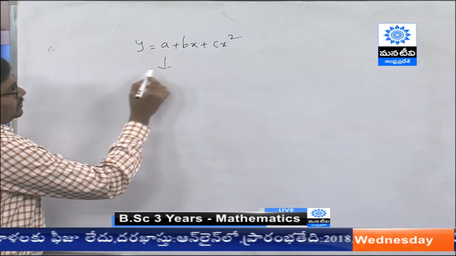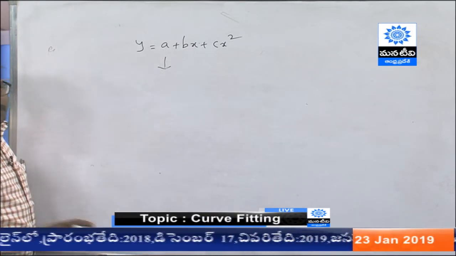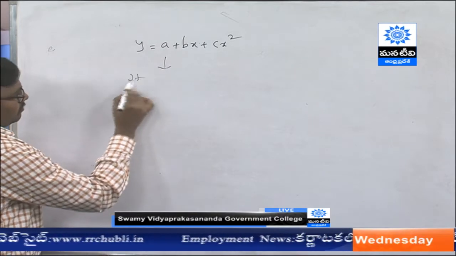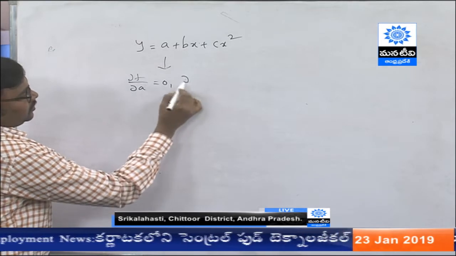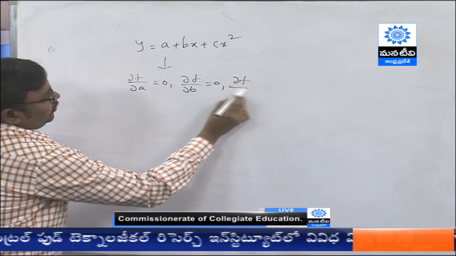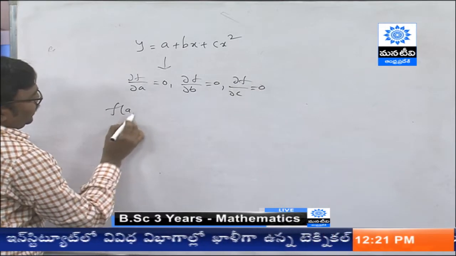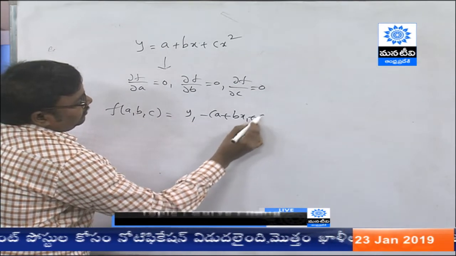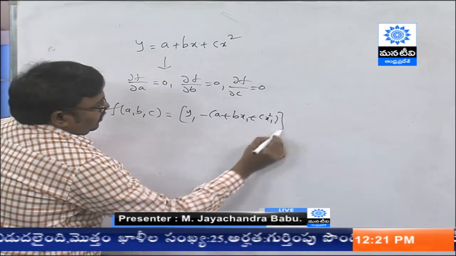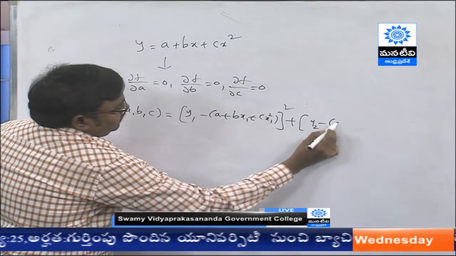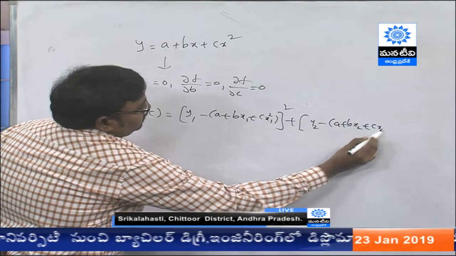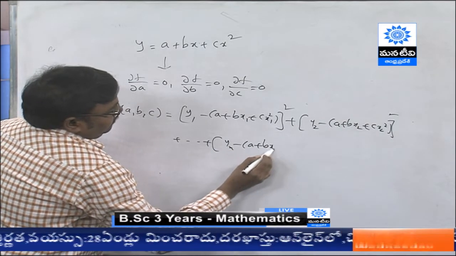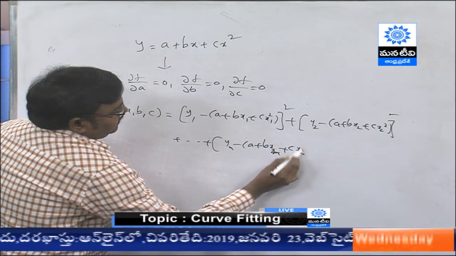So, in order to get the values of a, b, c, we need to follow the same procedure which we used in straight line, means dou f by dou a equal to 0, dou f by dou b equal to 0, and dou f by dou c equal to 0, where f of a comma b comma c is nothing but y1 minus of a plus bx1 plus cx1 square, whole square, plus y2 minus of a plus bx2 plus cx2 square whole square, plus so on, ym minus a plus bxm plus cxm square whole square.